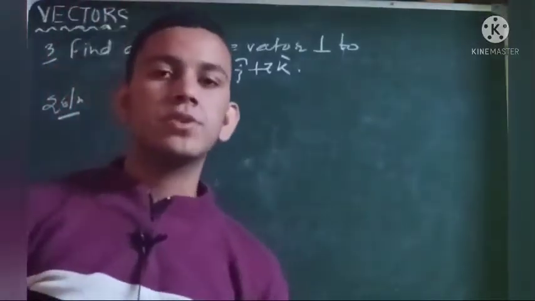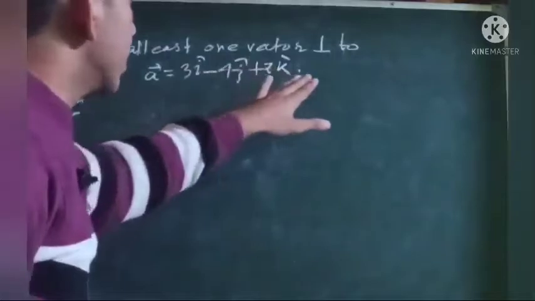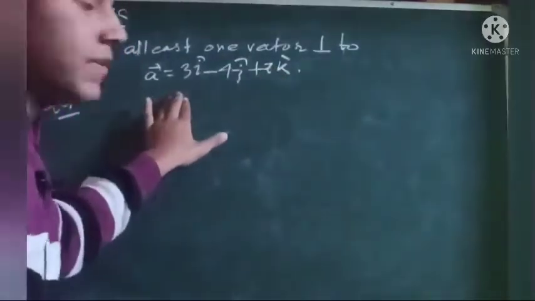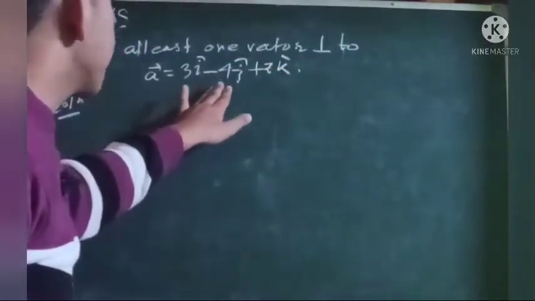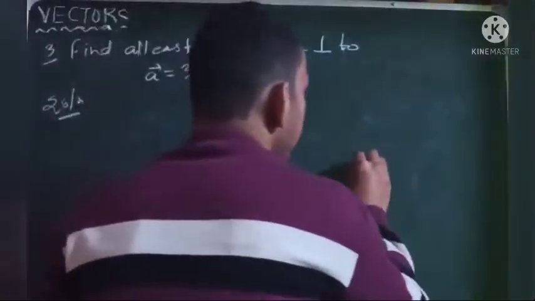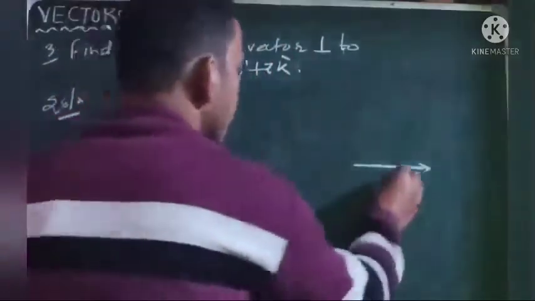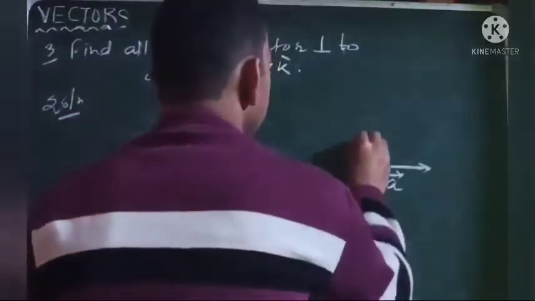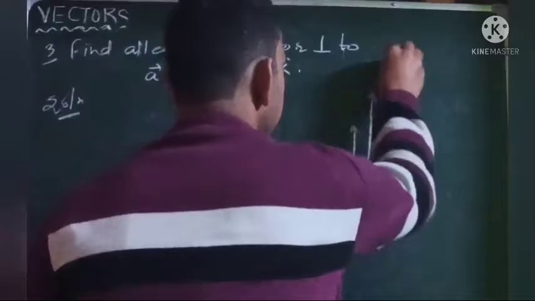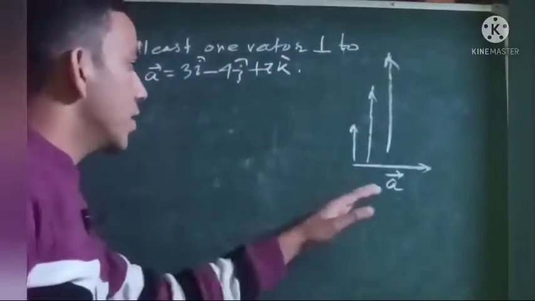Now let's proceed to the third question. Here we are required to find at least one vector which is perpendicular to the given a vector, which is equal to 3i cap minus 4j cap plus 7k cap. Now we know that there are infinite vectors which are perpendicular to this a vector. So there are n number of vectors perpendicular to a vector.